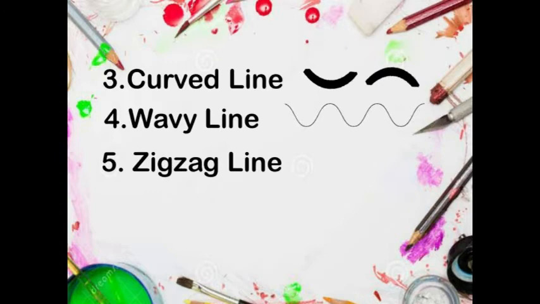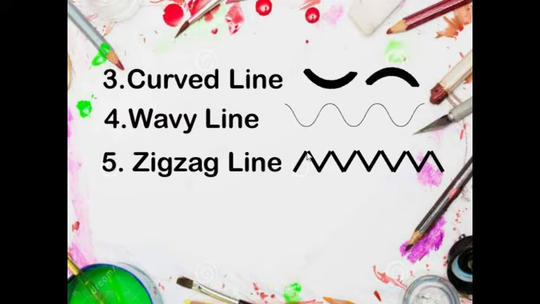It is like the wavy line. Their only difference is that the wavy line is curved on top and the zigzag is pointed, just like this. So look at it. Wavy line is curved on top, while the zigzag is pointed on top.